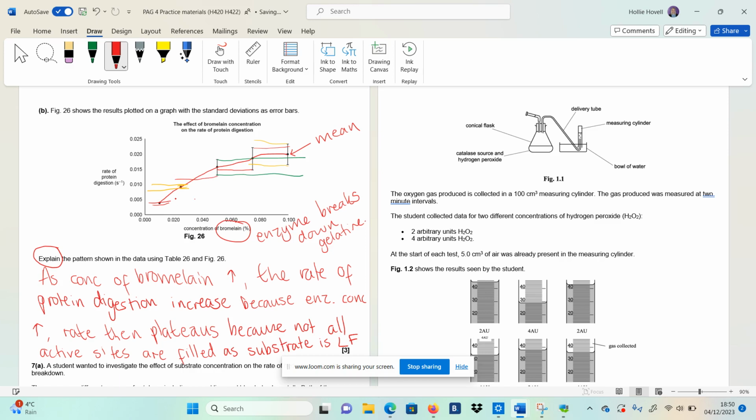Now, when the error bars from a standard deviation overlap, that means that these results that overlap, this one and this one, might not actually be significantly different. So it looks like there's an increase between them, but it might not be a statistically significant difference.